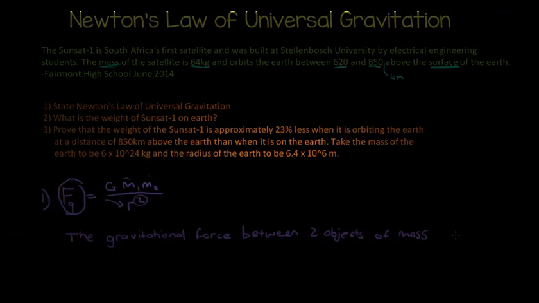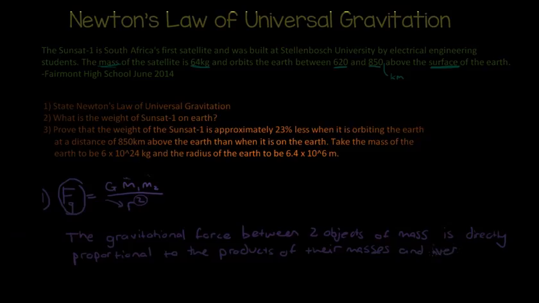So the gravitational force between two objects of mass is directly proportional to the product of their masses and inversely proportional to the square of the distance between them.